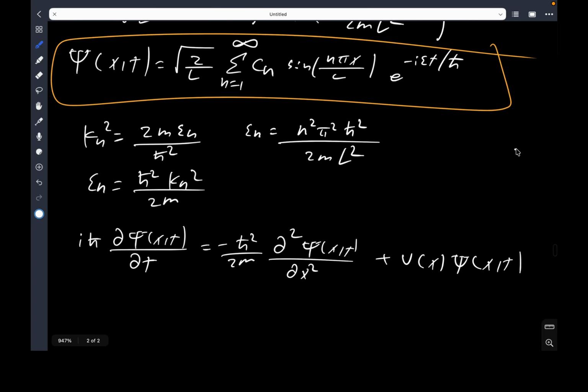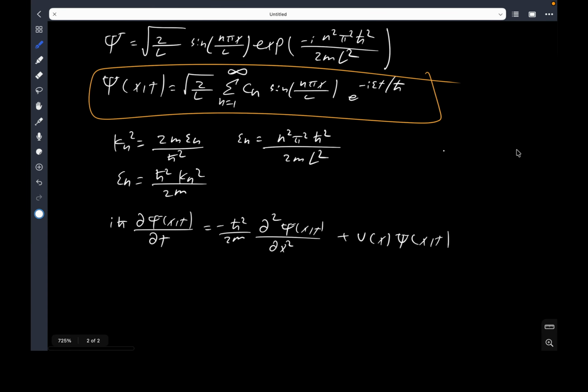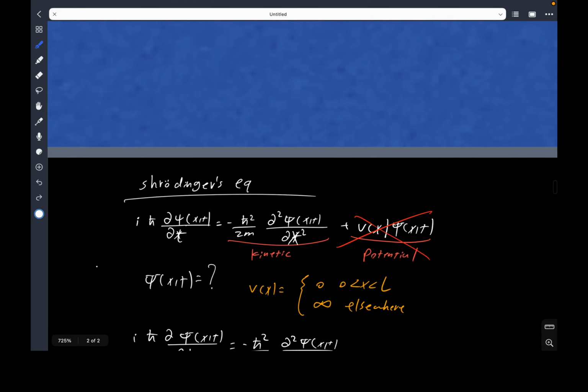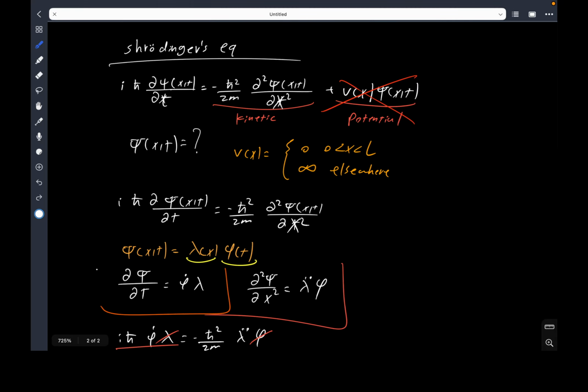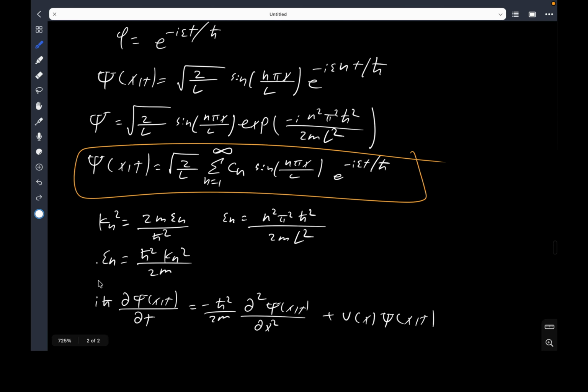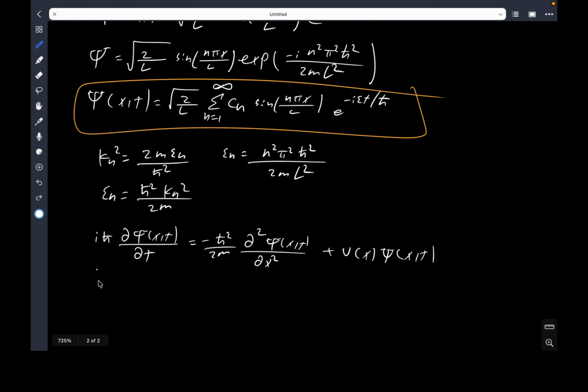So this psi of x,t would satisfy this equation, and therefore it is a solution to this equation that we've written up here. I'm sorry for the mistake that I made here. I switched up the spatial and time derivatives. But this is the solution to Schrödinger's equation for an infinite square well considering time dependency.